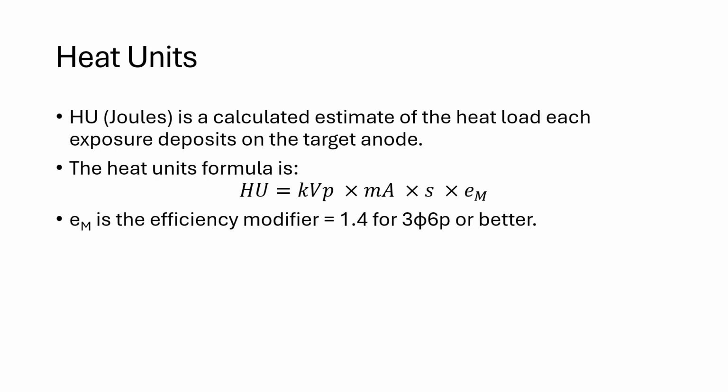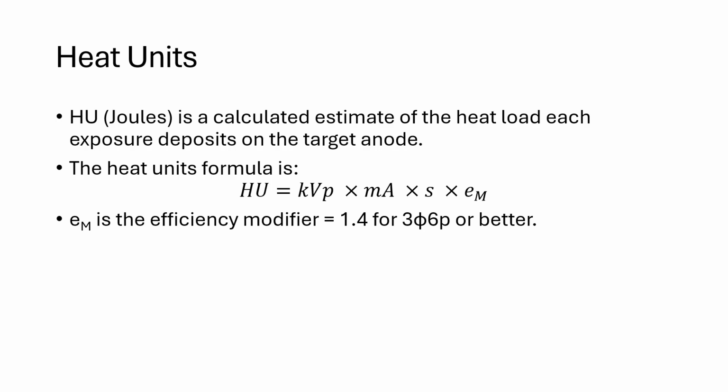So if it's 3-phase 6, 3-phase 12, or high frequency, 1.4. If it's full wave rectified, or I doubt they would ask you about a half wave machine, or half wave rectified, the efficiency modifier is just 1. So 1.4 for our modern X-ray equipment.